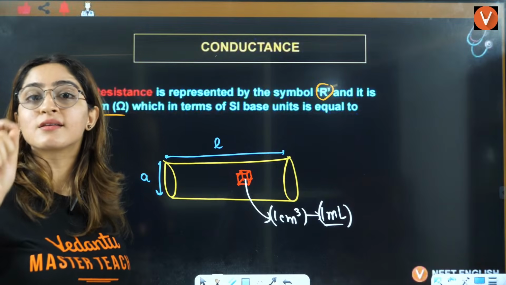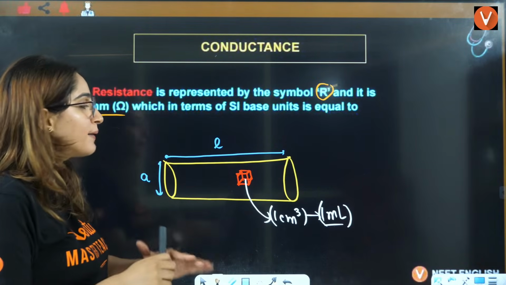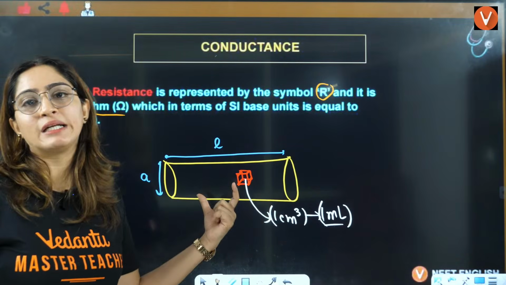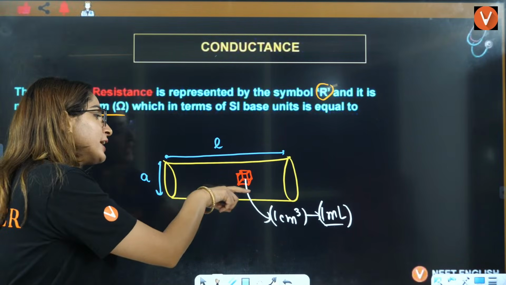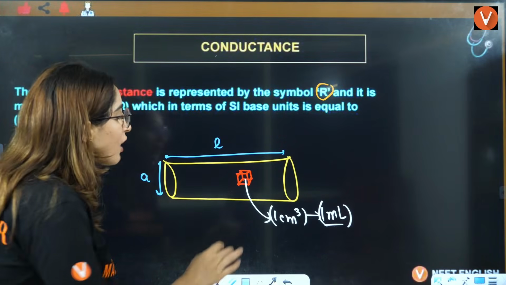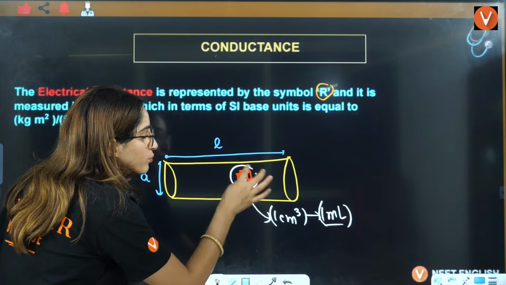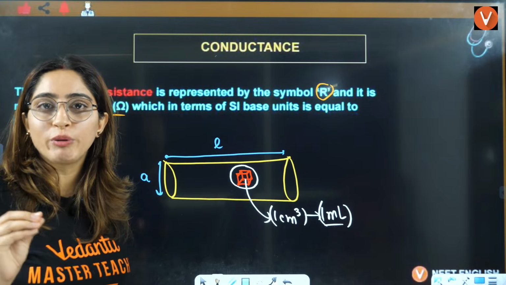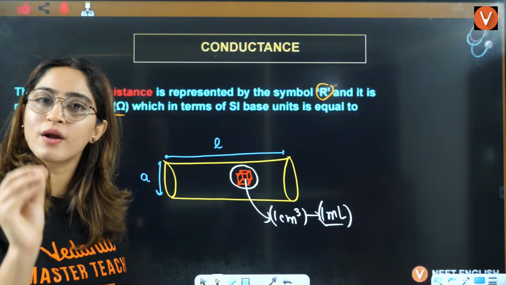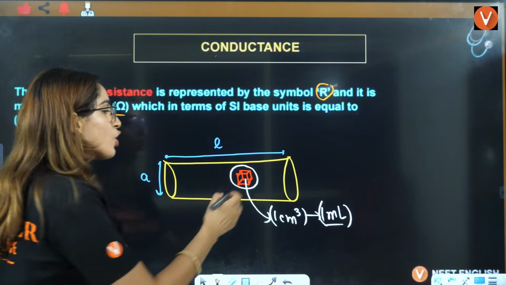That defines the resistivity. That means I am specifying the resistance for just 1 centimeter cube, that means 1 centimeter length, 1 centimeter breadth, 1 centimeter height. For that specific volume, what is going to be the resistance? That defines the specific resistance or resistivity represented by rho.